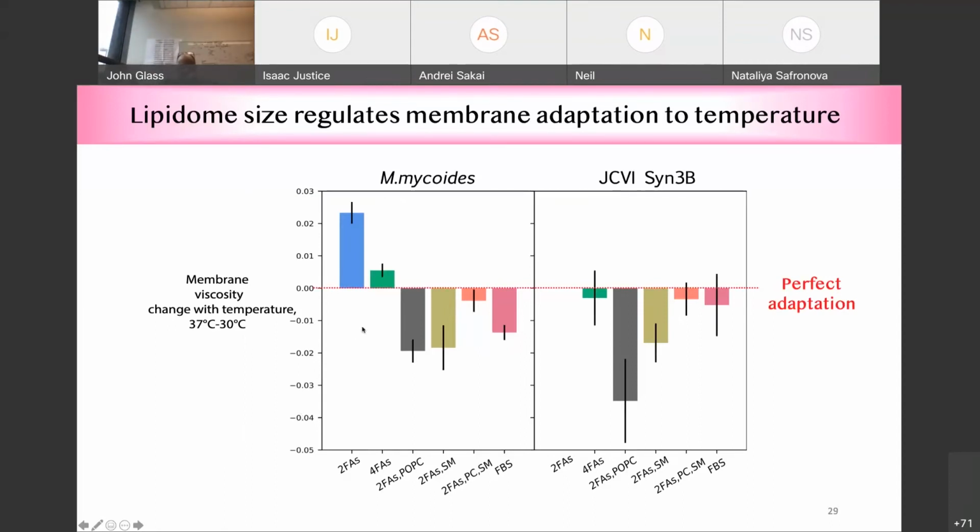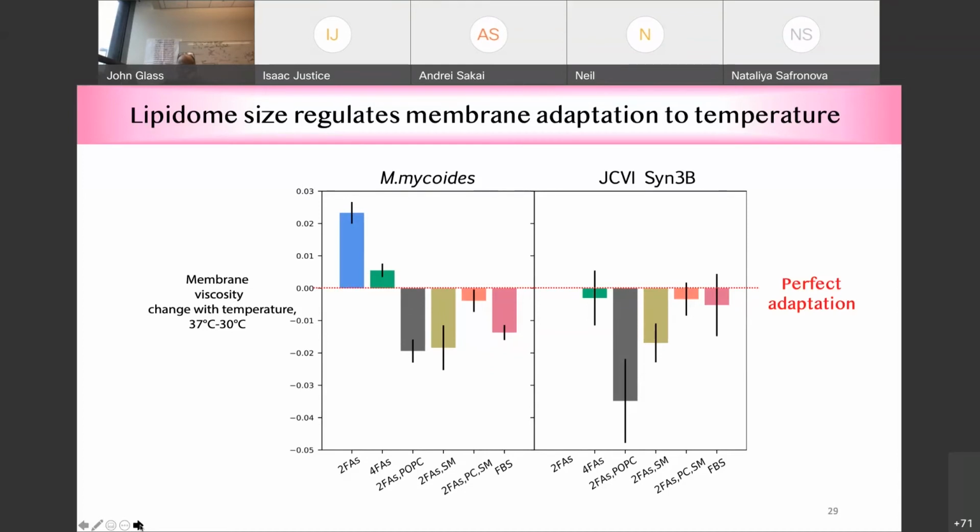And you can see on this plot that both mycoides and the minimal cell, with the larger lipidomes on the 4 fatty acid diet, 2 fatty acid PCSM diet, and FBS, produce a much smaller change in the membrane viscosity with temperature. And this once again reiterates the importance of larger lipidome size in membranes and their ability to adapt to temperature.